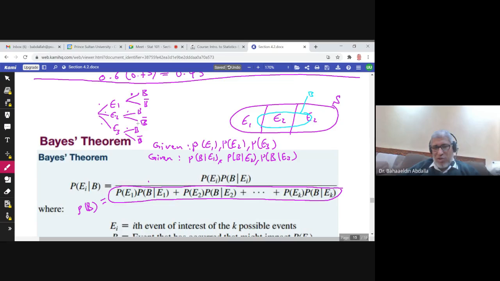So you can find probability of B from the tree diagram. And you can answer questions like probability of E1 given B. E1 given B would be E1 intersection B over probability of B.